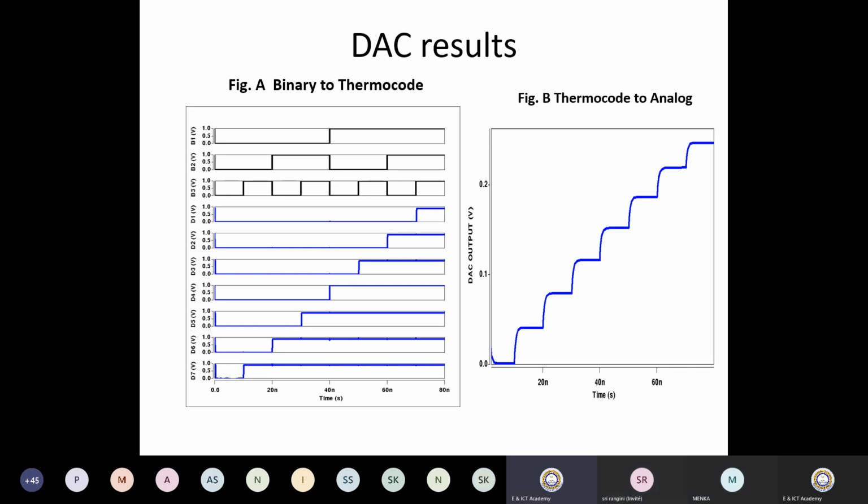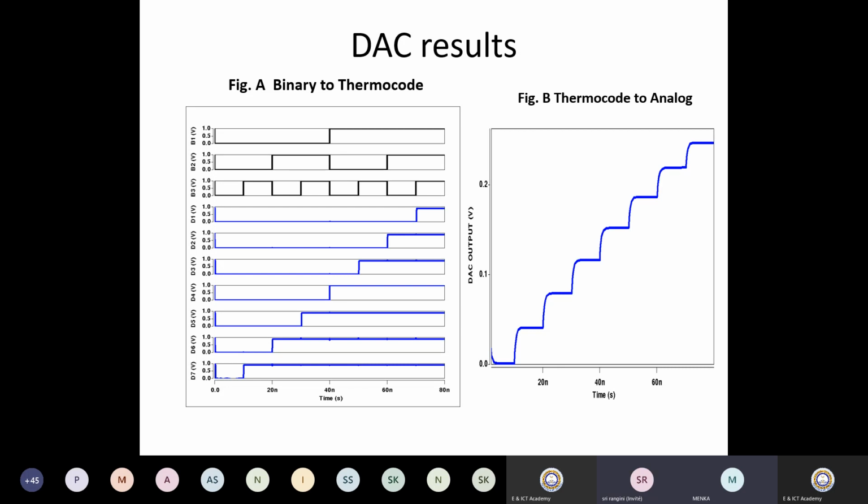Slide number 6. Yes. So digital to analog converter results, these are the results actually for different bits. These are the results, how the things are going to change. Thermometer code, the uppermost is the bit number of bits B1, B2, B3, and then the lower portion is the thermometer codes, which is all zeros, 1, and then 2 of these are ones, like that, right?